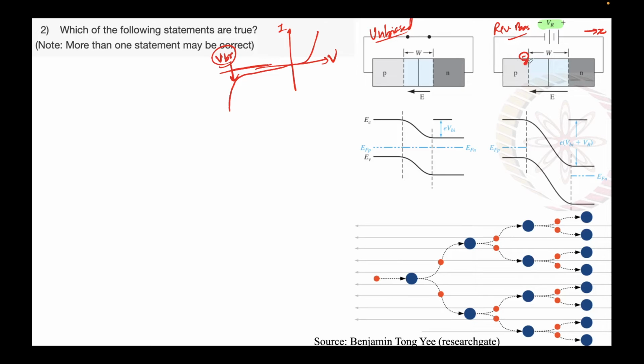You can see this is the same electron that I have drawn over here. Just for the sake of completeness, let me draw that. This is the p side. The rest of the diagram I'm not drawing. This is the depletion region that we have. Essentially, I have just zoomed in on what is happening in the depletion region. Now this electron will start experiencing a force, F equal to minus e, the electronic charge, times the electric field.